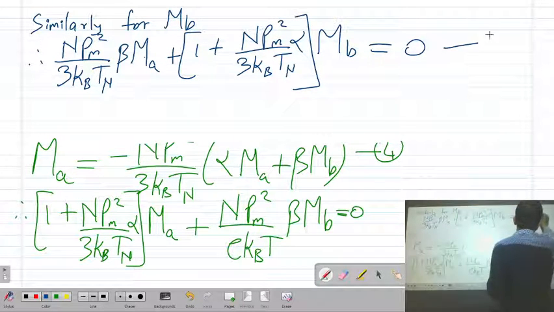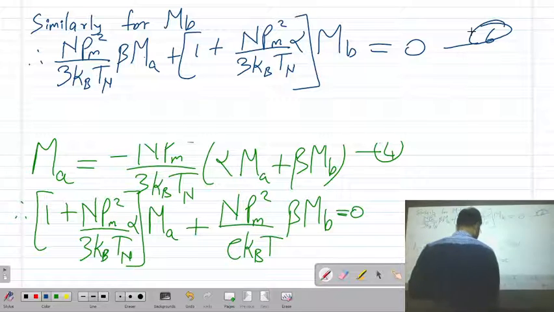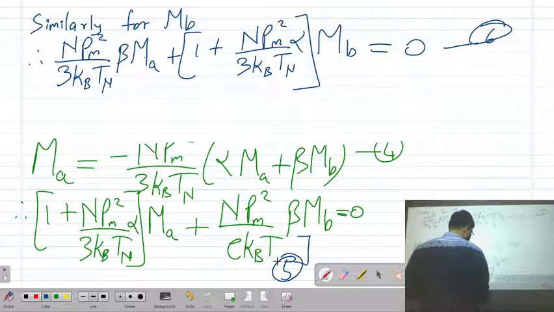This is equation number 6, and the earlier one is 5.